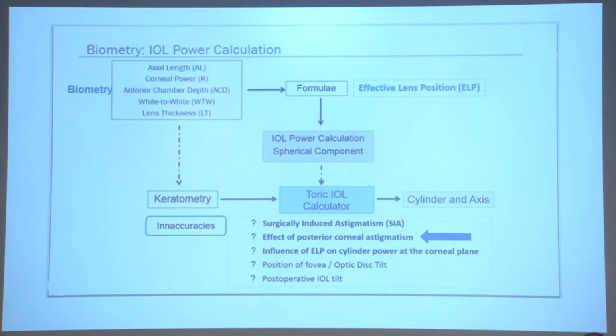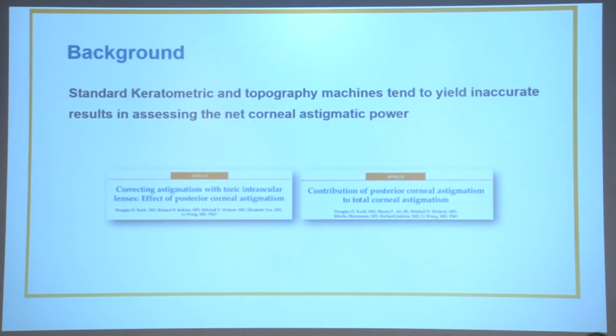Now another thing which is important to understand is the PCA, posterior corneal astigmatism. Till 2012, we were lacking this understanding. Standard keratometric and topographic machines were giving us inaccurate results in assessing the net corneal astigmatism power.